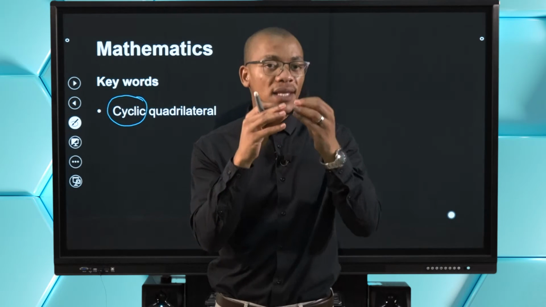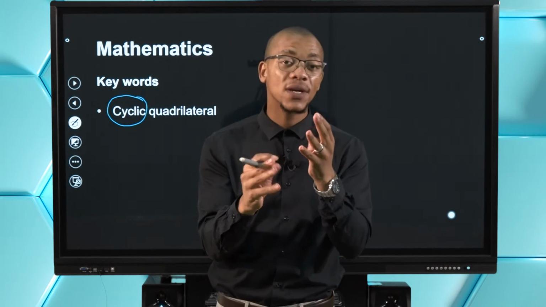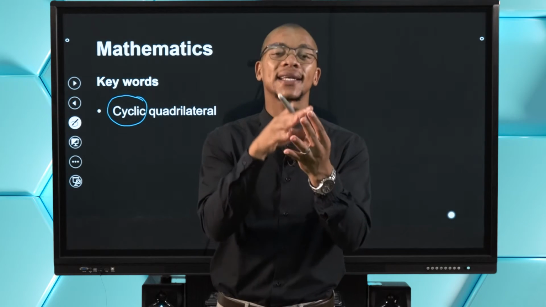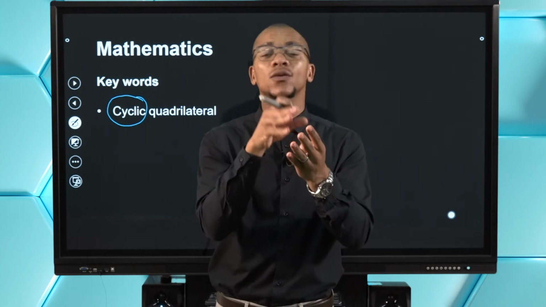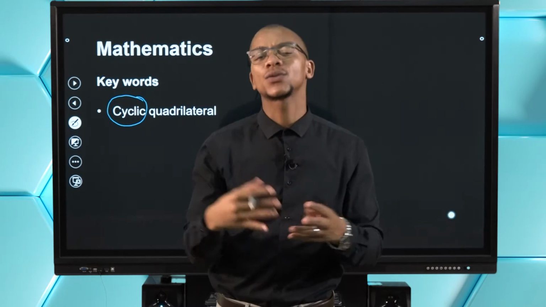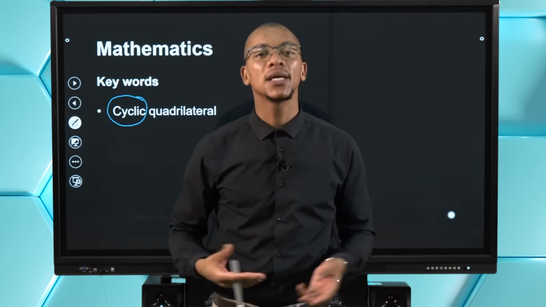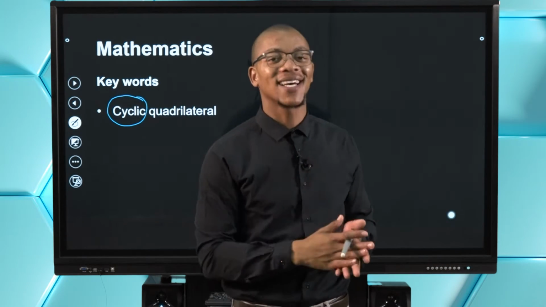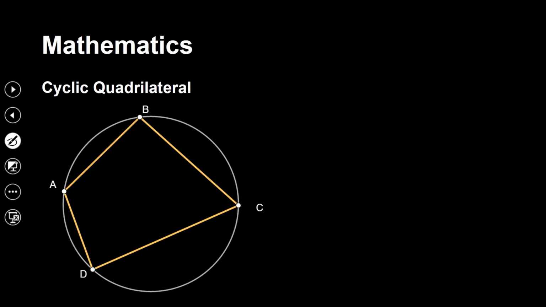If 4 points are concyclic and it's a quadrilateral, we call it a cyclic quad. So a cyclic quad is a quadrilateral whose 4 points are concyclic. That's what you need to think about there.